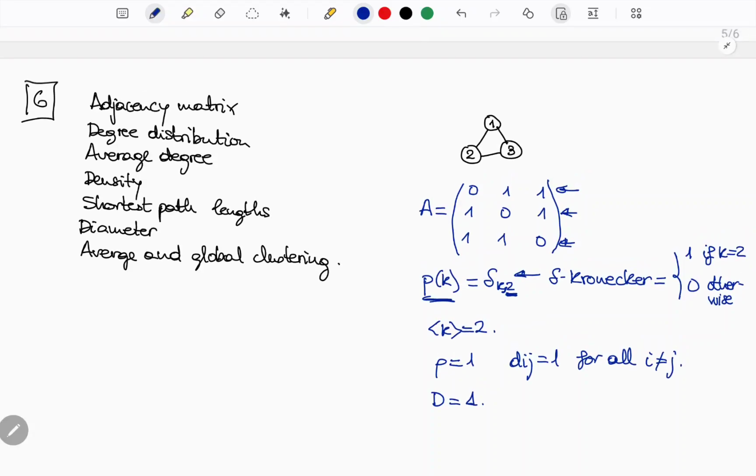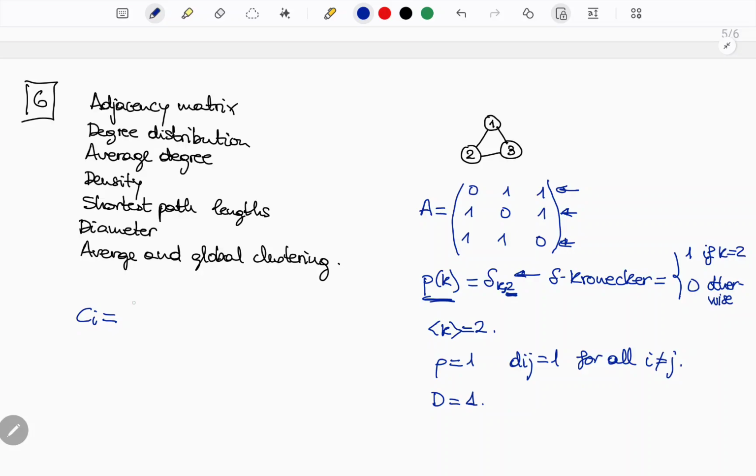And now for the clustering, which is the one that I wanted to show. Remember, we can compute the clustering for each of the nodes, but since this is a symmetric network in the sense that all the nodes are equivalent, because if I change the labels of these nodes the result is going to be exactly the same, since all nodes are connected to all other nodes.